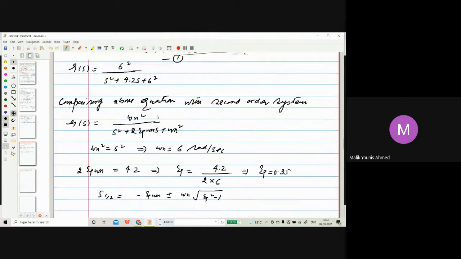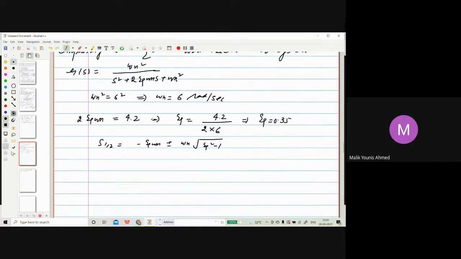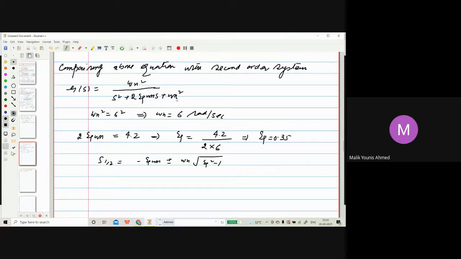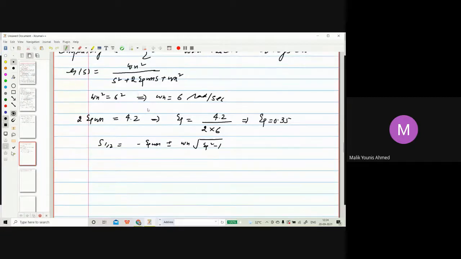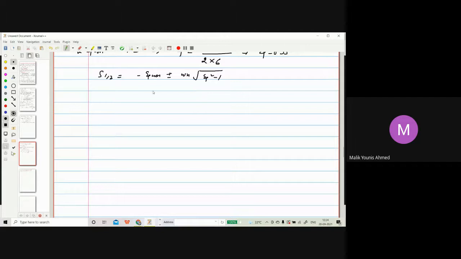If we solve this equation for the poles, s square plus 2 xi omega n s plus omega n square, using minus b plus minus under root of b square minus 4ac, that is 4 xi square omega n square minus 4 into 1 into omega n square, we'll get the roots like this.